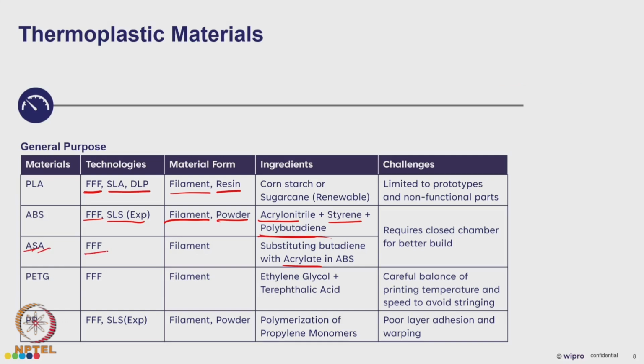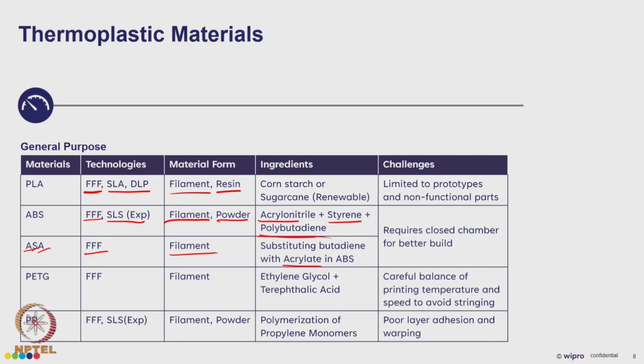This material is used in FFF technology with filament as the raw material form, and for both these materials, that is ABS and ASA, one of the similarities is ABS material is suitable in indoor applications for some limited load applications also, and in the case of ASA it is suitable for outdoor applications where UV light is exposed to it.